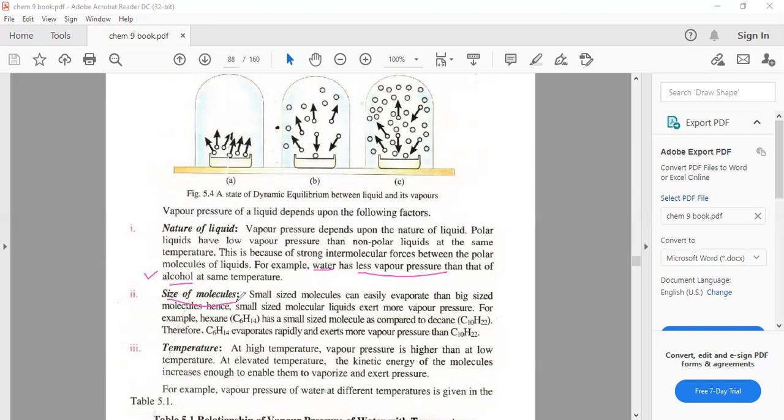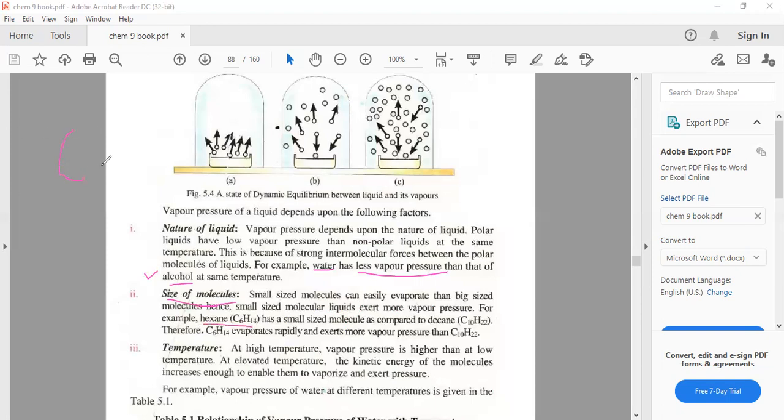So in this sense, you can say small-sized molecules easily leave their place, easily escape from the surface of the liquid, easily vaporize and easily exert pressure. So small-sized molecules can evaporate more easily than big-sized molecules. Here you can take the example of hexane.